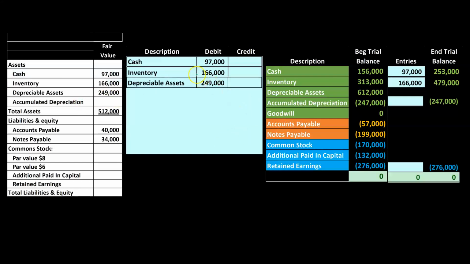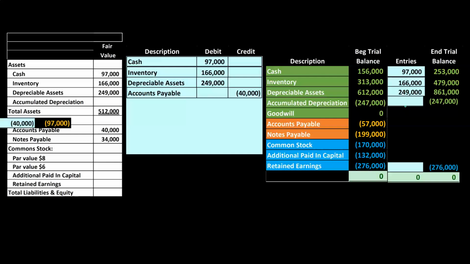Then we have the depreciable assets going on the books for 249,000. So we had depreciable assets before of 612 plus the 249 brings us to the 867. We're not going to be adding any accumulated depreciation because we're putting it on the books at the book value, just like if we purchased it at this point in time, right? It's a purchase type of transaction.